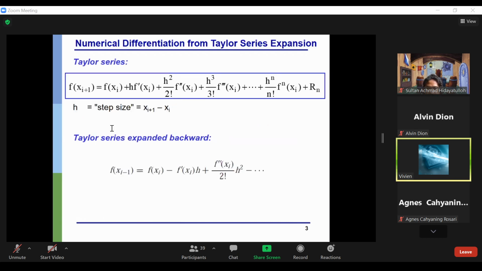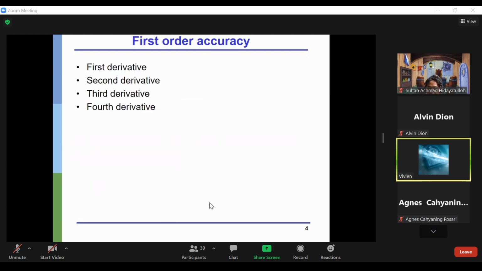We can also do the expansion backward, so we have learned before that we have several methods depending on which direction the expansion of the Taylor series is performed. I think you still remember we have forward, backward, and central difference.